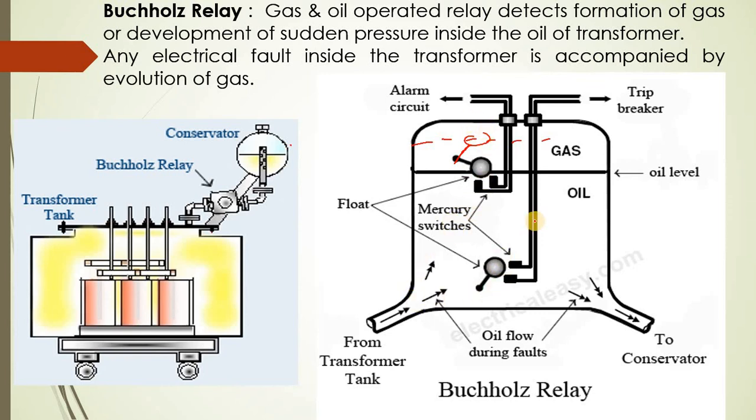Next, when the oil level goes down and there is a high flow of air bubbles, this contact is made and gives a signal to the trip circuit. So this is the function of the Buchholz relay, to protect the transformer from incipient faults.